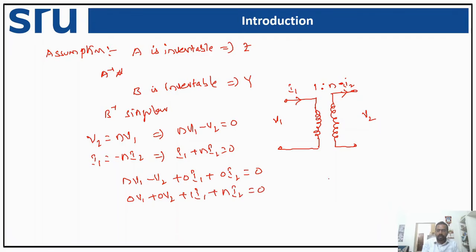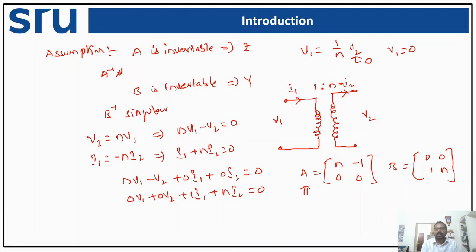So from this we can see that our A matrix is [n, -1; 0, 0] and my B matrix is [0, 0; 1, n]. You can see that my two matrices A and B are not invertible because these are singular. So for an ideal transformer we cannot apply our Z and Y parameters.